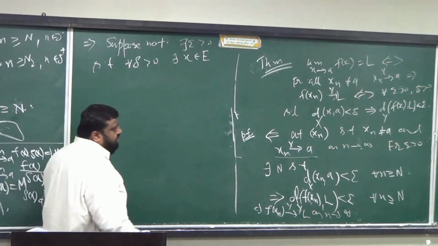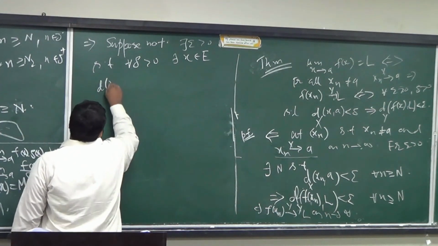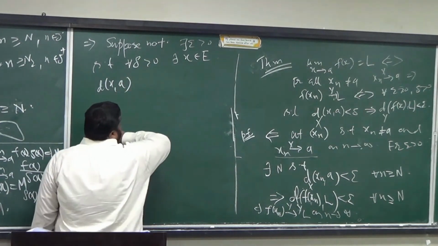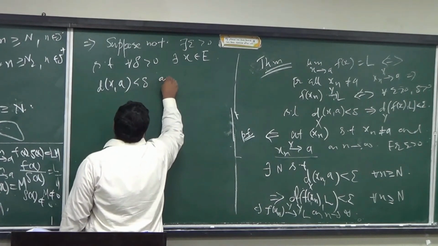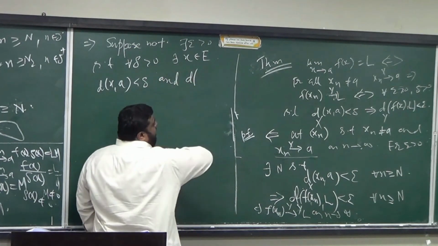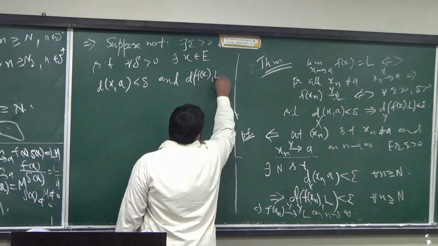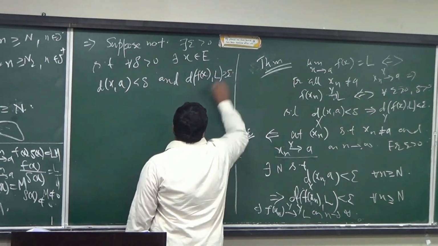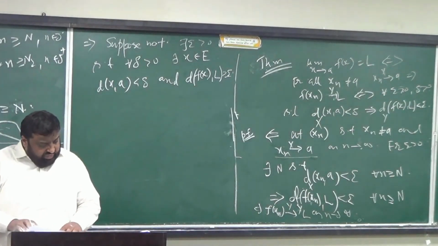Then what's going to happen? The distance between x and a is less than delta, but the distance between f of x and L is bigger than or equal to epsilon. That's what is going to happen.